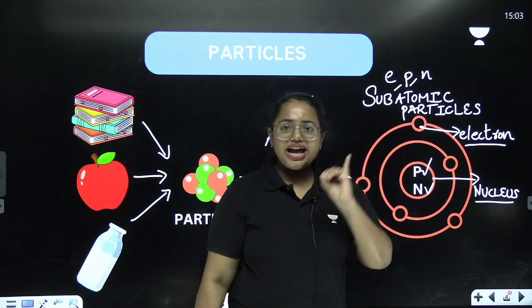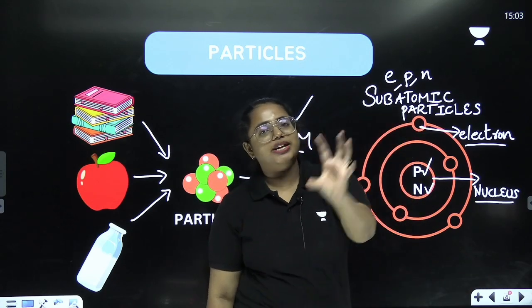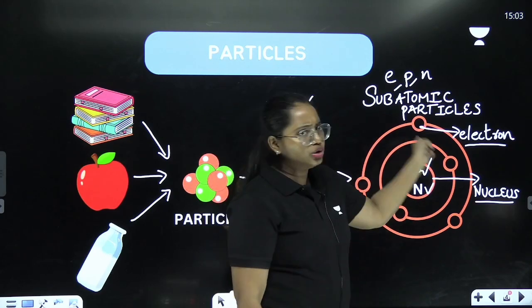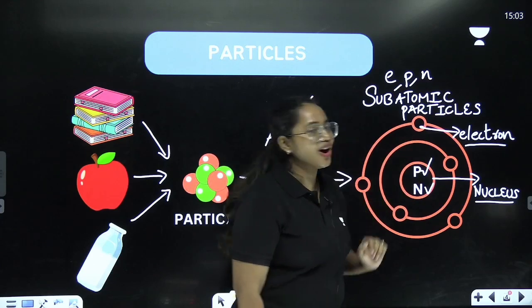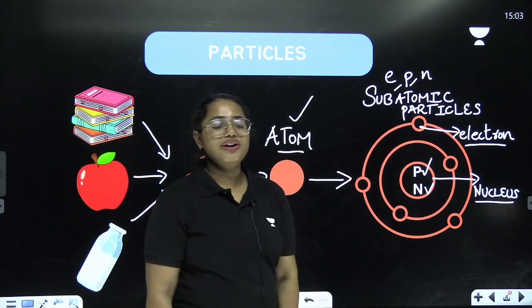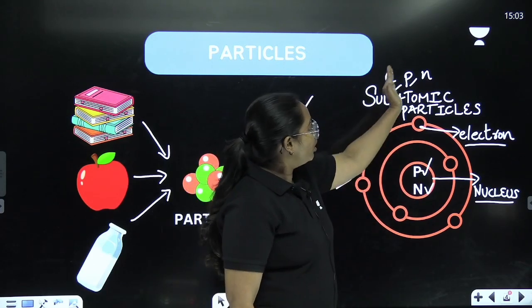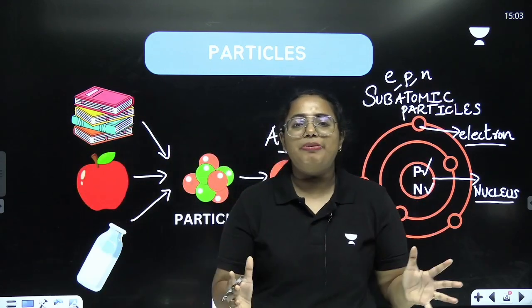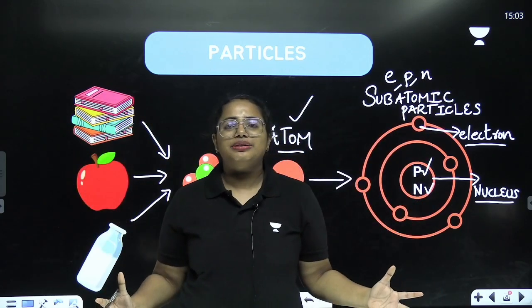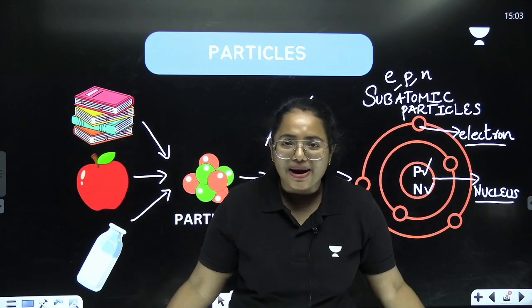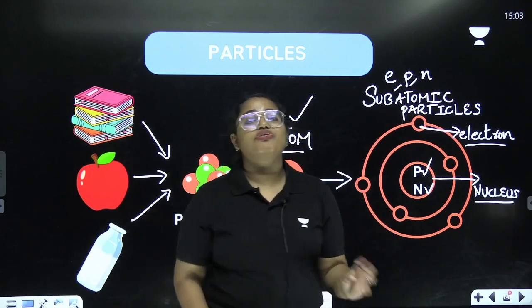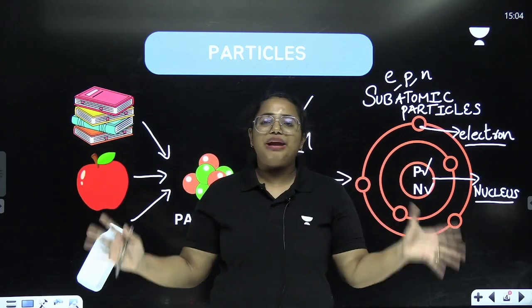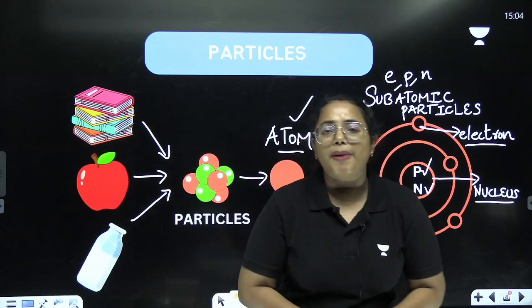And what are the things revolving around the nucleus? These are called electrons. Very simple. So electron, proton and neutron, all these particles together are called subatomic particles. Please don't forget the term, very important.